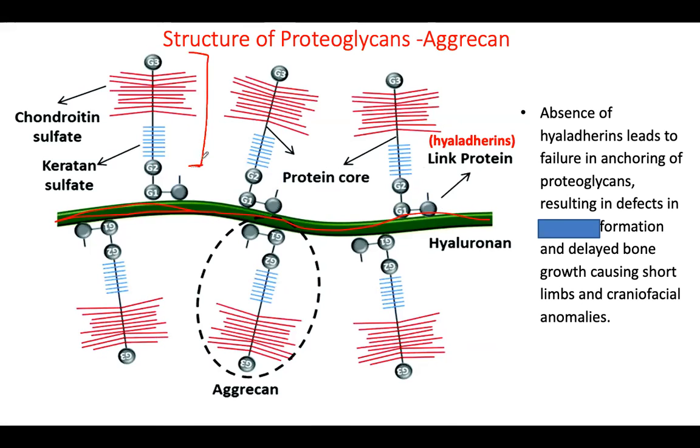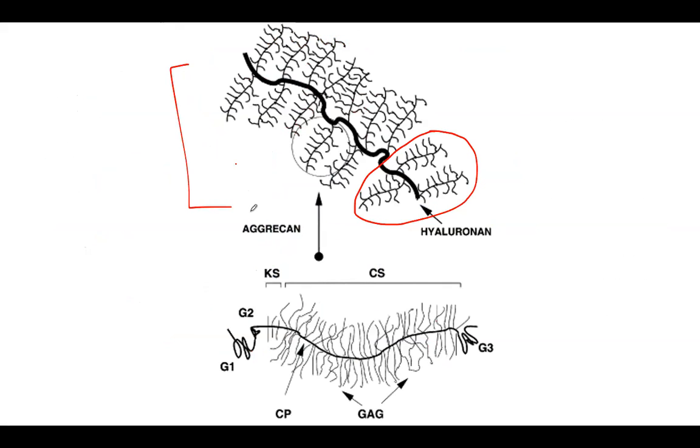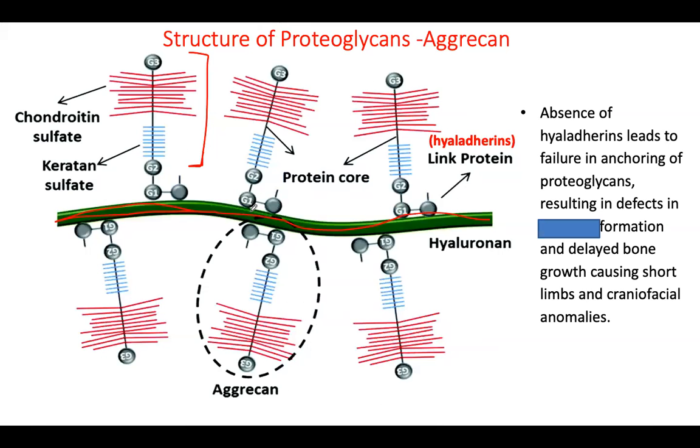I have a question here. Sorry? Is the hyaluronic acid not a part of aggrecan, because they circle only the protein core and the glycosaminoglycan? Are you asking if hyaluronic acid is part of the aggrecan? Yes. Because they circle here, it's not consisting of hyaluronic acid.